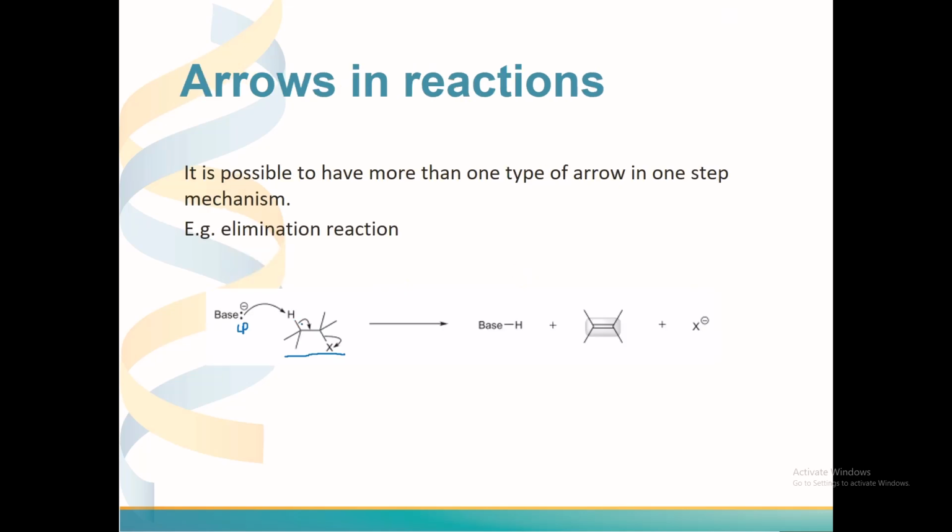And then this is a bond from carbon and hydrogen to another bond, from this bond to this bond. And lastly, from a bond to a lone pair, from this bond to this. So there are three types of arrow in this one reaction. But for now, you can ignore the product. All you need to look at is the movement of the electrons.